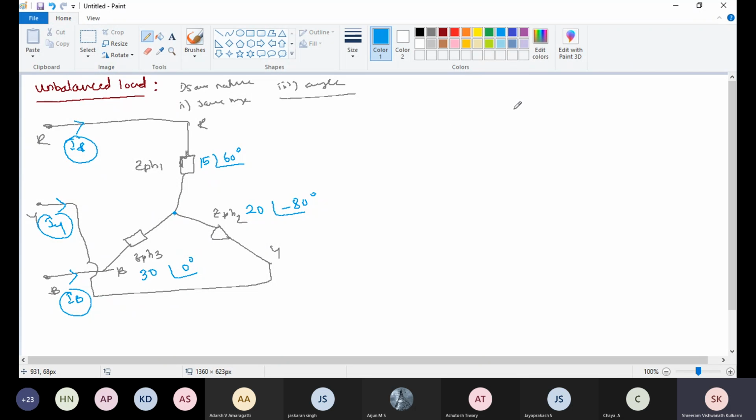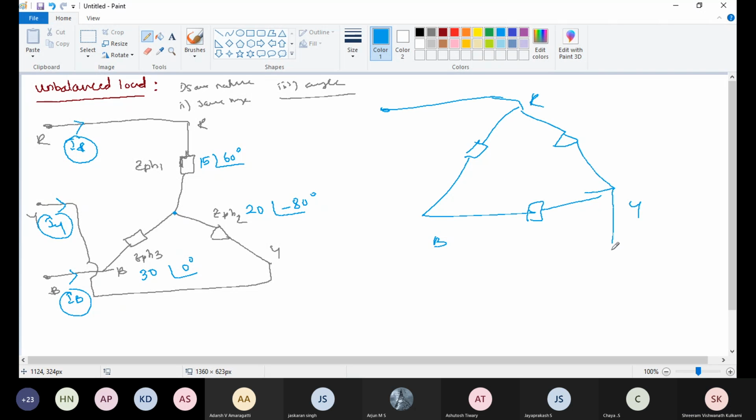As well as I can draw an unbalanced delta load, where I can see R, Y, B. Here 7 angle of 10°, 8 angle of 20°, then this 15 angle of 30°.